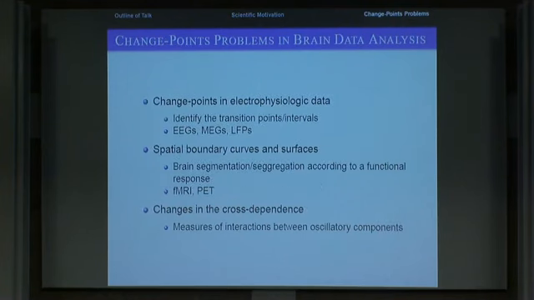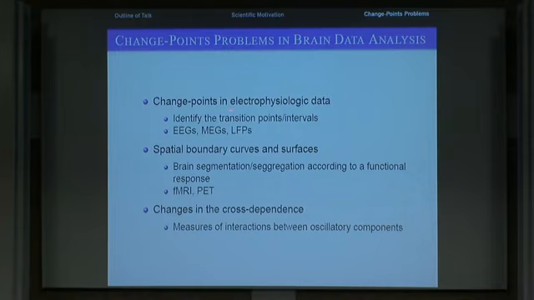Because we're in a change point workshop, I'd like to point out some of the change point problems in brain data analysis. One of them is identifying change points in electrophysiologic data.